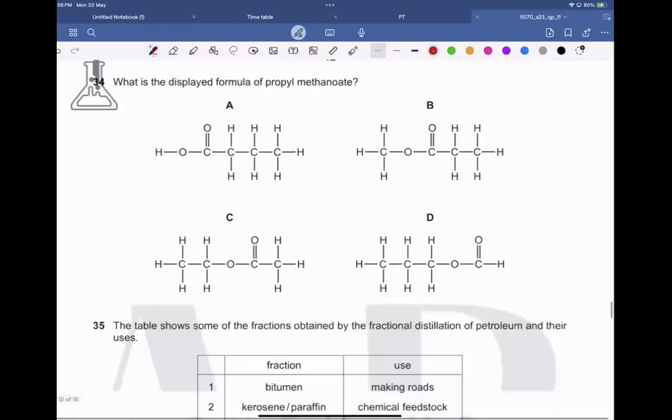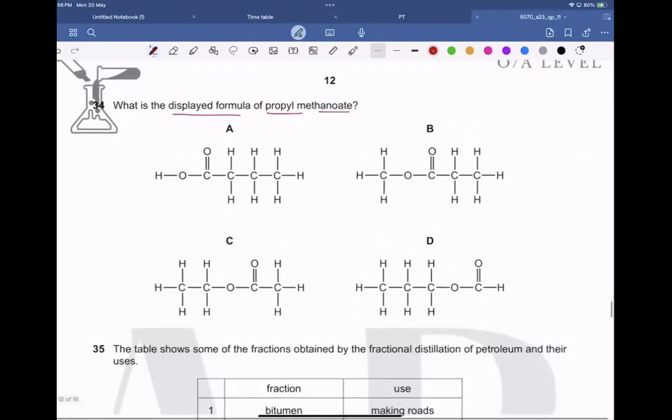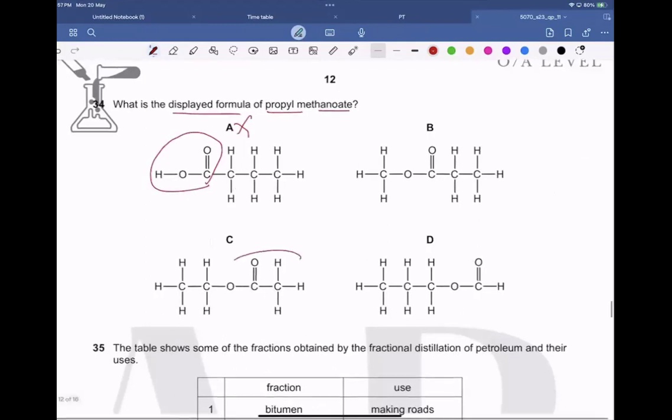Now, question number 34. What is the displayed formula of propyl methanoate? So see propyl. It's an acid, so A goes wrong. If you see, there are two carbons, so it's an ethanoate, right? And they are saying methanoate, so C goes wrong.